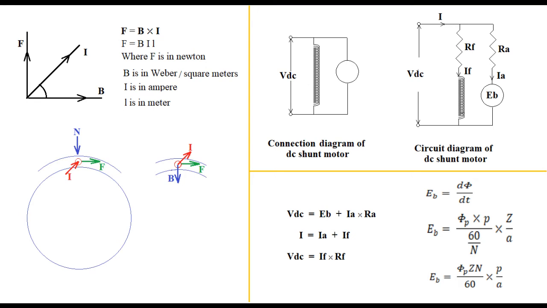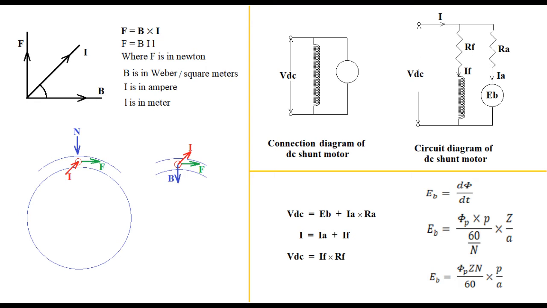Such a connection and the resulting motor is known as a DC shunt motor. It is very common to represent these circuits schematically and keep them connected in parallel. The slide shows such a schematically represented DC motor with supply voltage VDC. The schematic diagram is only to show the connections of windings and supply voltage.